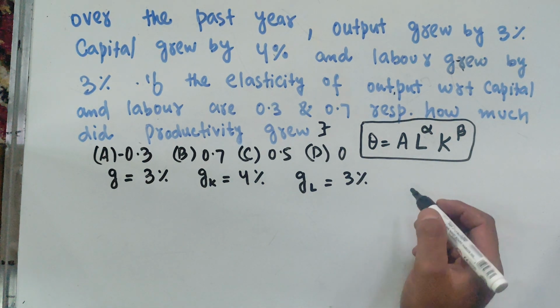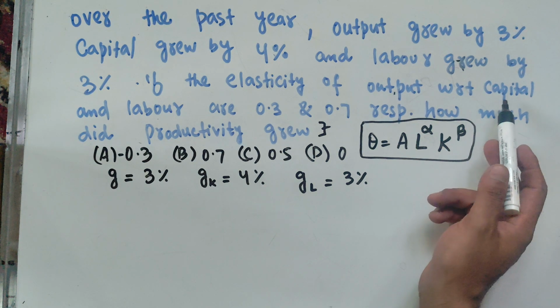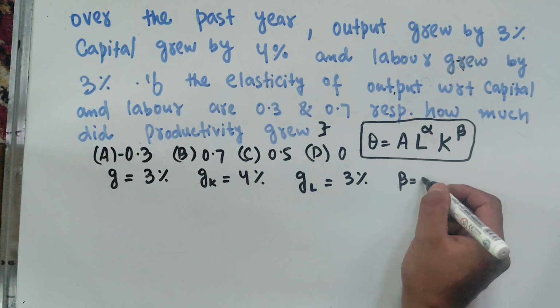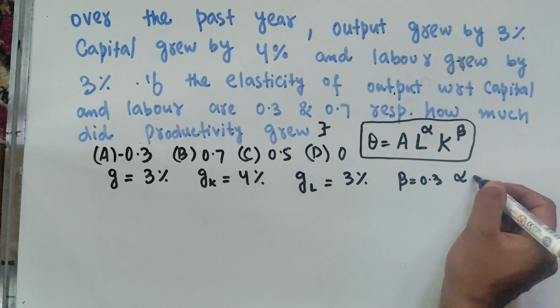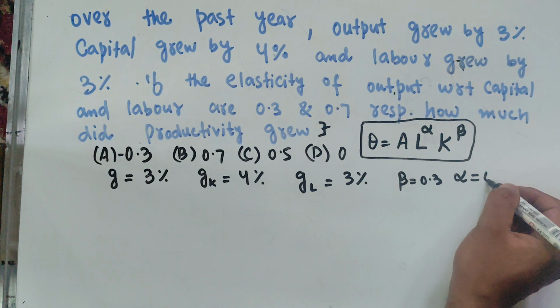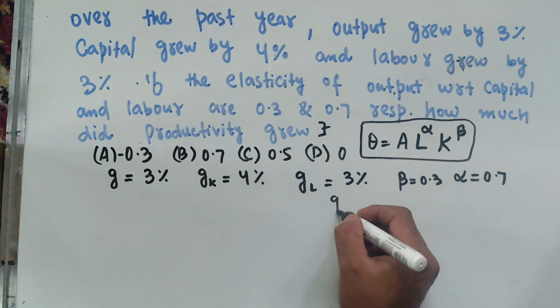And output elasticity of capital is 0.3, so beta is 0.3. And output elasticity of labor, which is alpha here, is 0.7. Okay, we need to find out the growth rate of productivity.